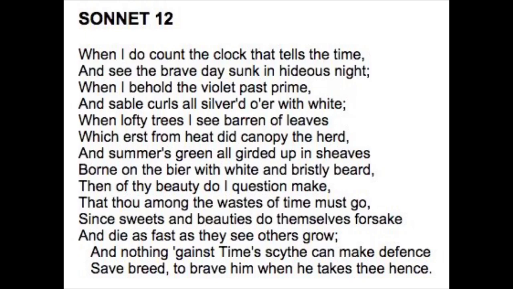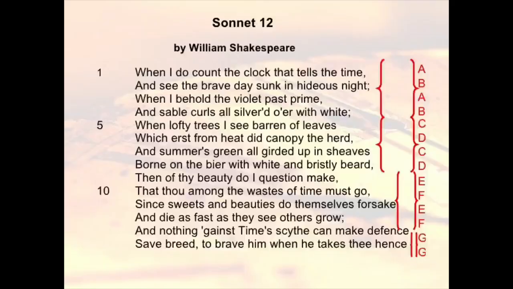The first thing that you need to know about Shakespearean sonnets, just as far as basic information goes, is that every Shakespearean sonnet, with the exception of I think one, has 14 lines. And the rhyme scheme is always the same. So this is the way that the rhyme scheme looks. The letters correspond to the last sound or the last word in the line, and if it matches up with one later on.